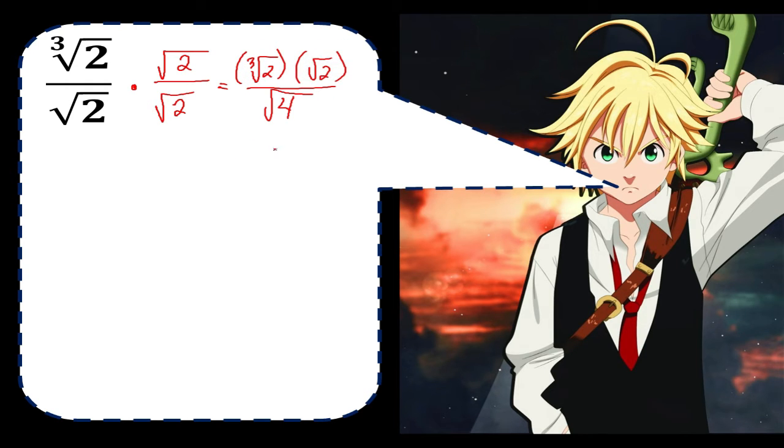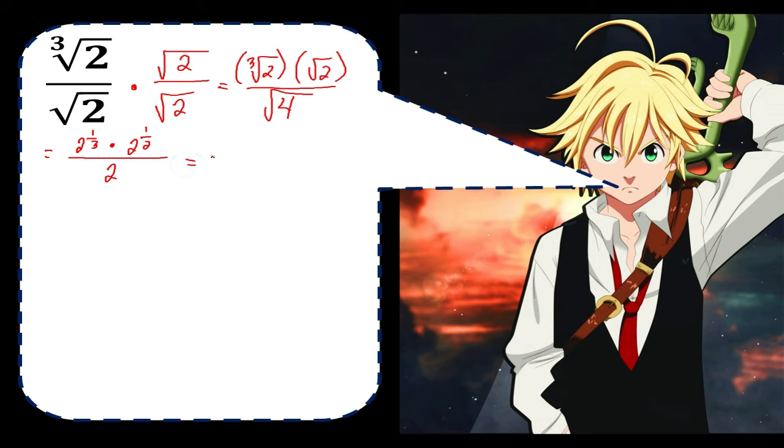For us to solve it easier, itatransform natin yan into rational exponents. The square root of 4 is equal to 2. Then, cube root of 2 is equal to 2 raised to 1/3. And also, square root of 2 is equal to 2 raised to 1/2.